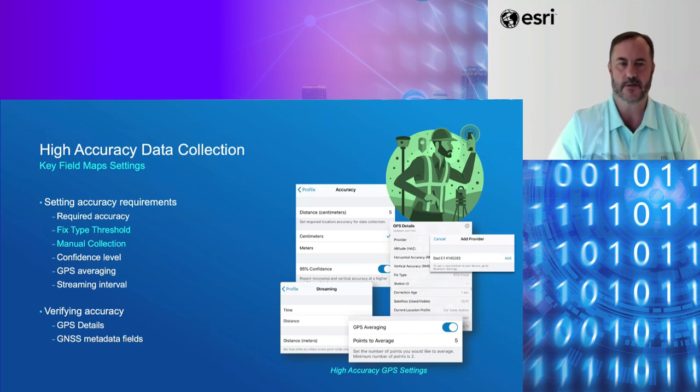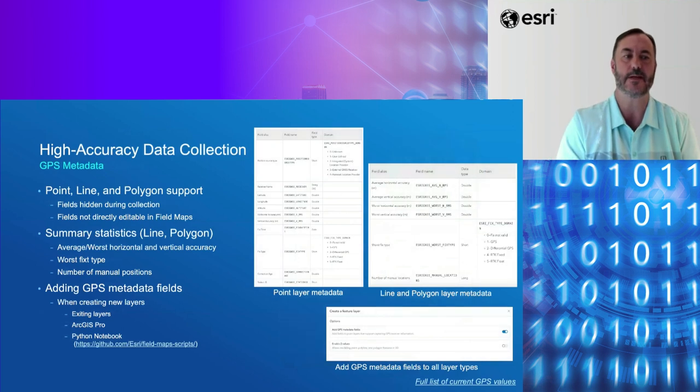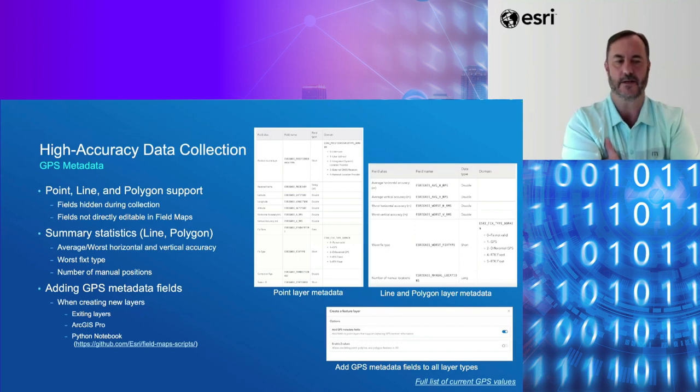And there's a set of GNSS metadata that you can attach to all of the information you capture in the field so that you have this assessment of the level of accuracy of the information that you capture. The full metadata, all the information from the Bad Elf receiver, is captured on points.